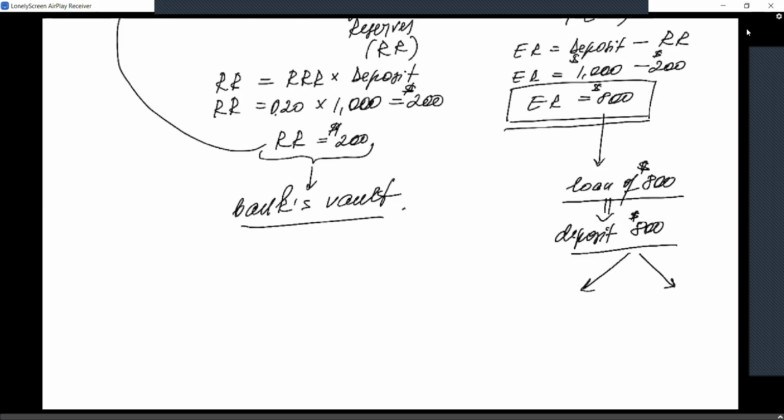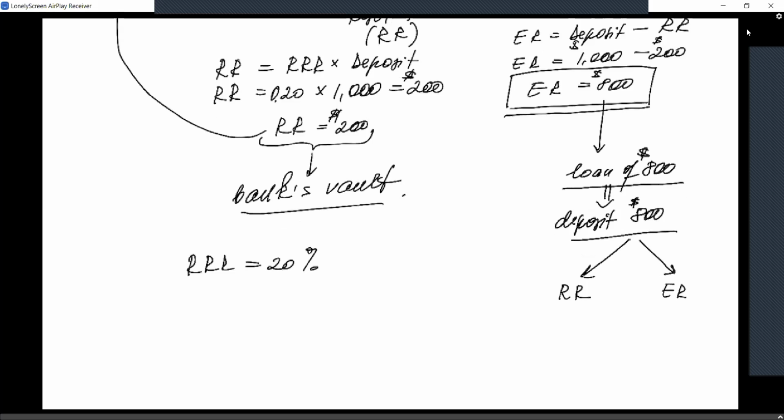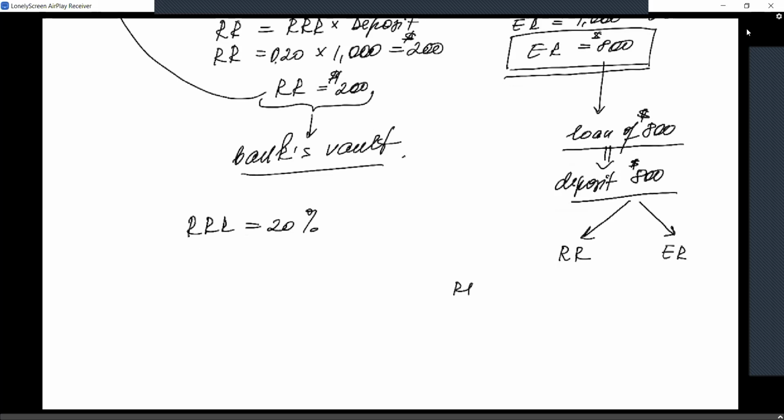What did we say happens to every deposit when it comes in? Yes, any deposit will be split into the required reserves and excess reserves. Let's keep the required reserve ratio at 20% for all our calculations for all our deposits, okay? So the required reserves, we know, is the required reserve ratio times the deposit, or 20% times 800, and out of my deposit, we're looking at 160.